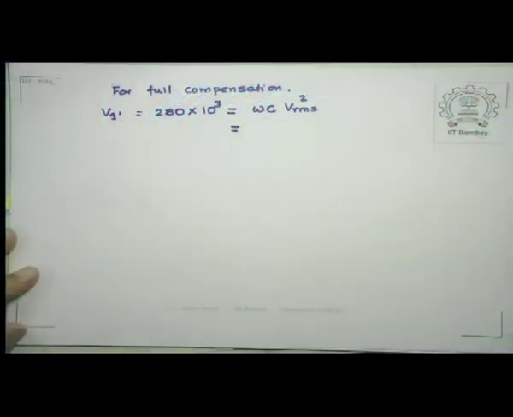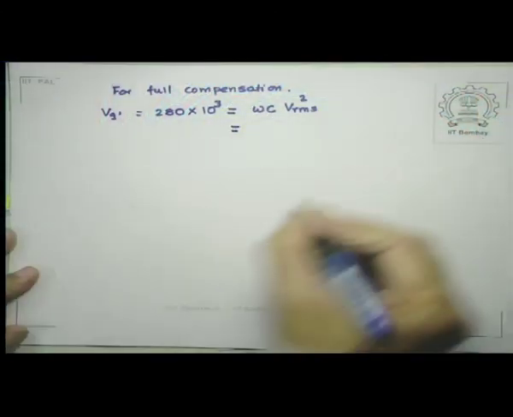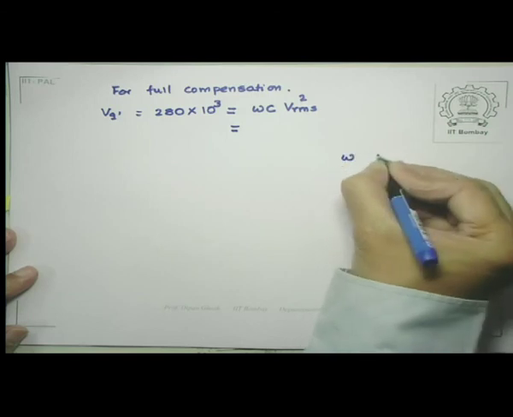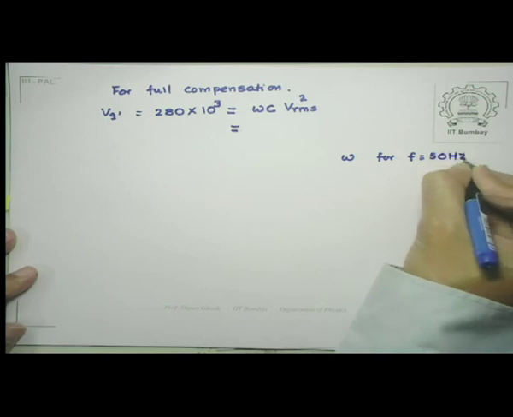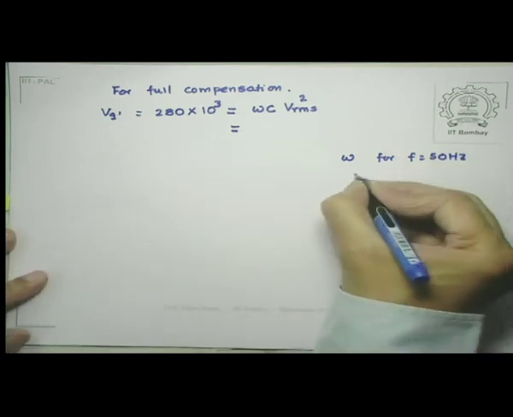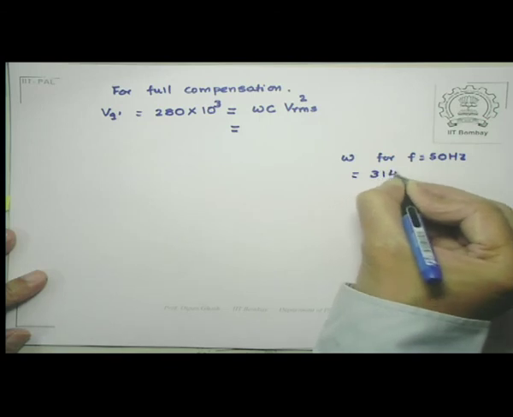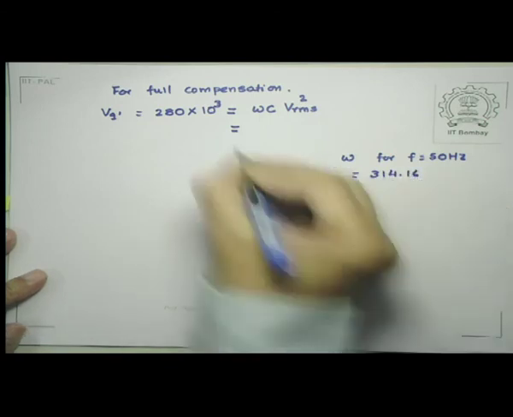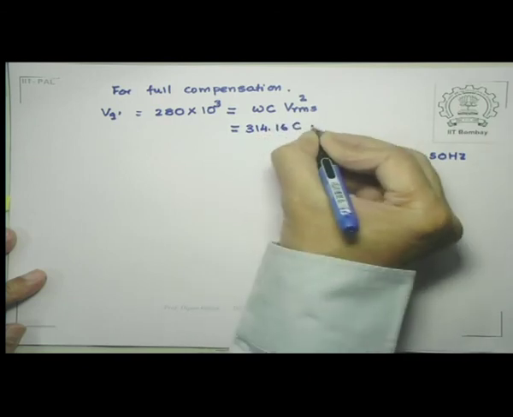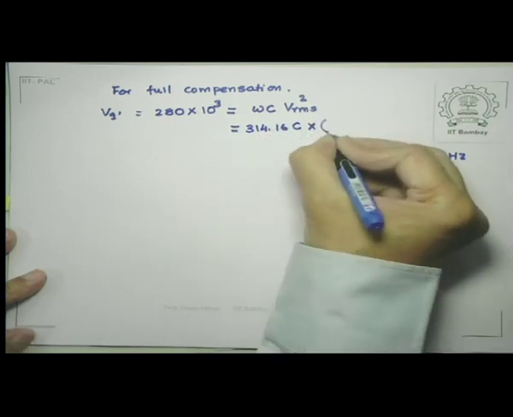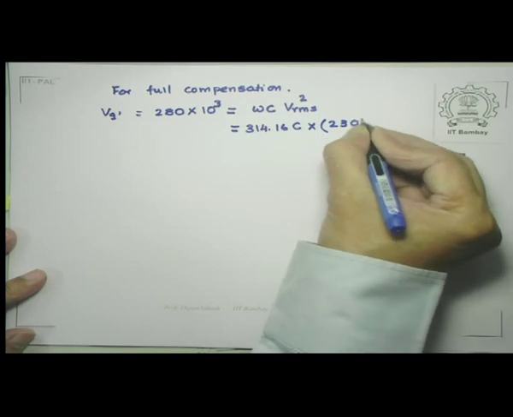So this is equal to omega corresponding to 50 hertz, and that is equal to 314.16. So this is 314.16 C, and this is Vrms square, which is 230 square.